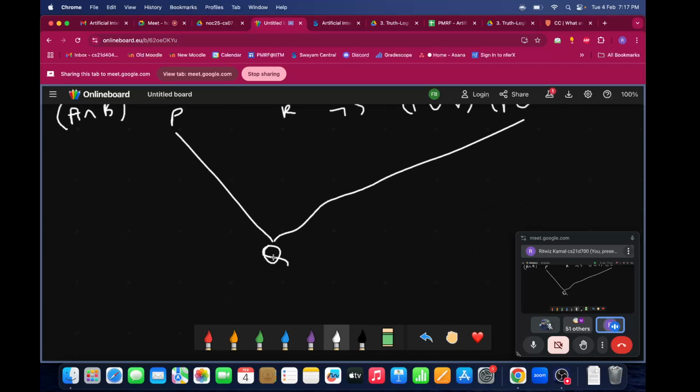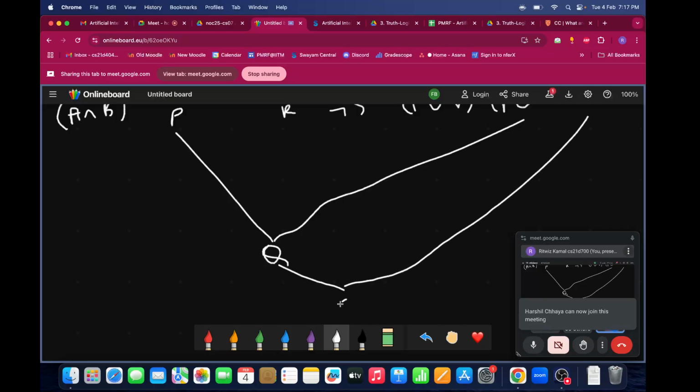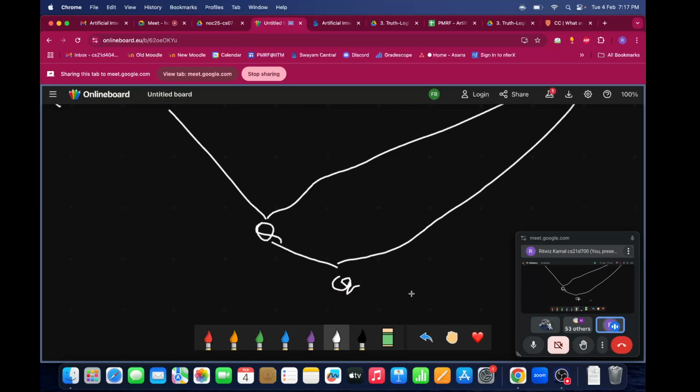I'll just have this tree. Then I can use this Q in combination with some other fact based on some other rule given to me that can derive certain new things, and then I can keep building this tree. This is something that I used to take, but that's just my preference.